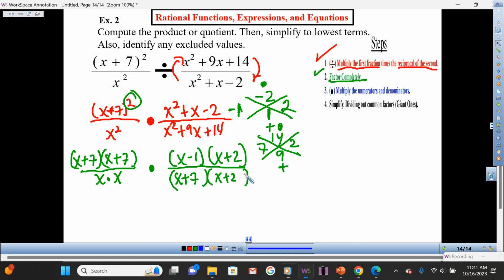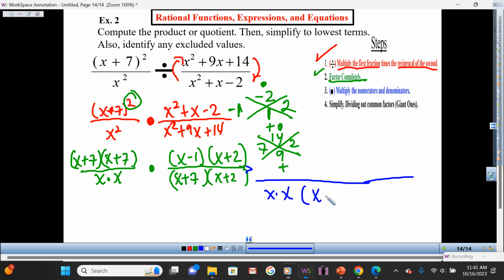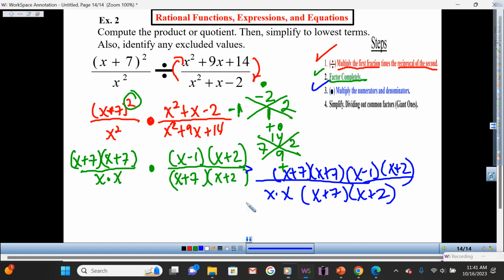Let's multiply, or make it into one fraction, yes? So I'm going to start with the denominator: x times x, (x + 7), (x + 2). Numerator, we have (x + 7), (x + 7), (x - 1), and (x + 2). Done with step 3.